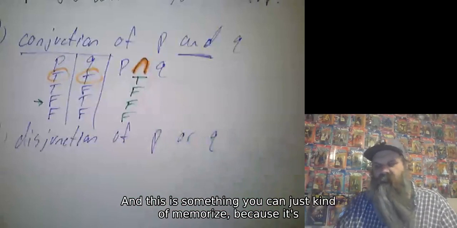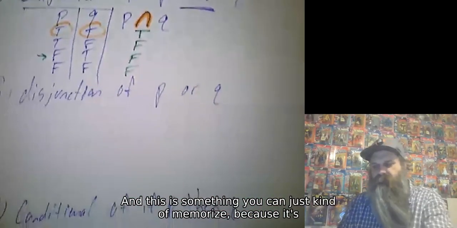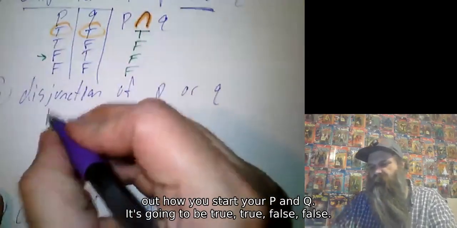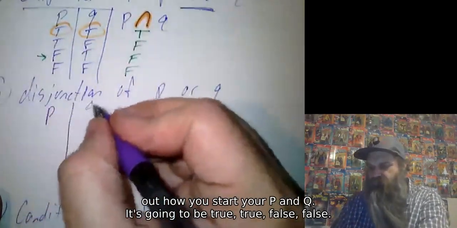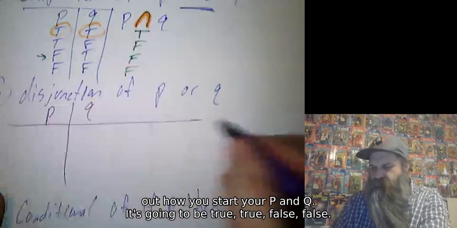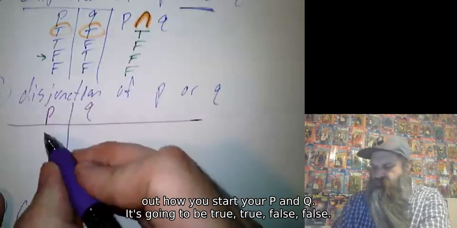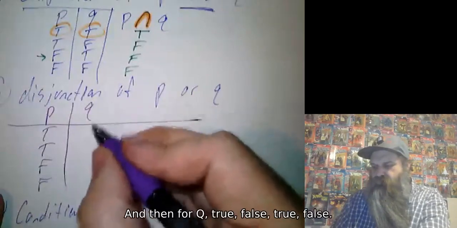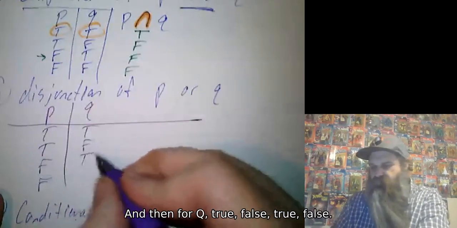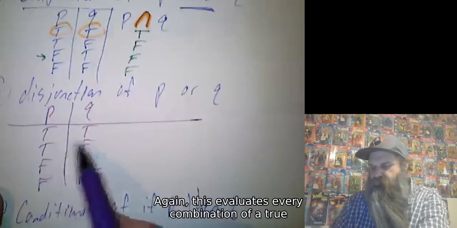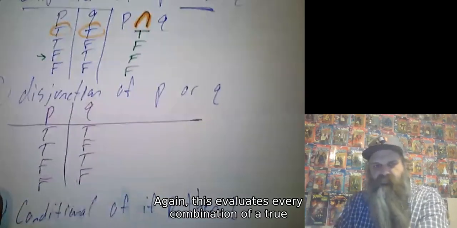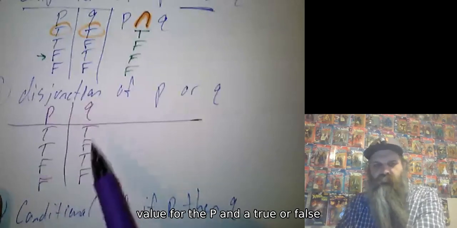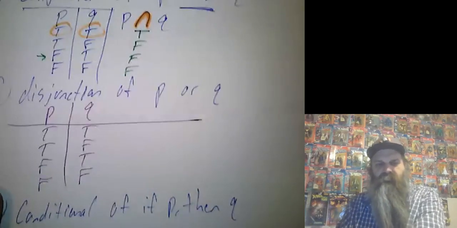And this is something you can just kind of memorize. Because it's always going to work out how you start your P and Q. It's going to be true, true, false, false. And then for Q, true, false, true, false. Again, this evaluates every combination of a true or false value for the P and a true or false value for the Q.